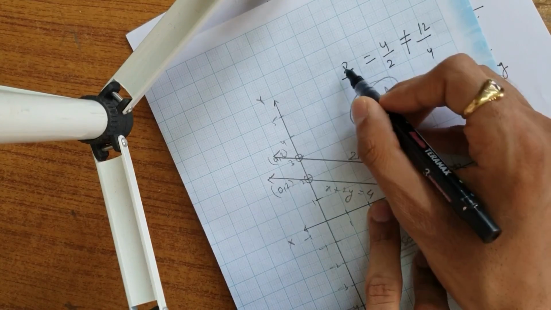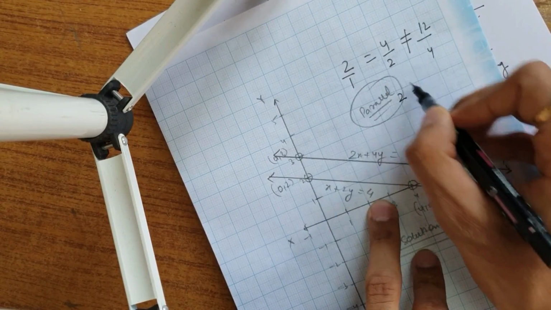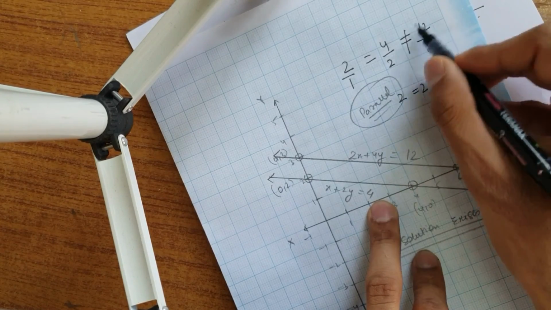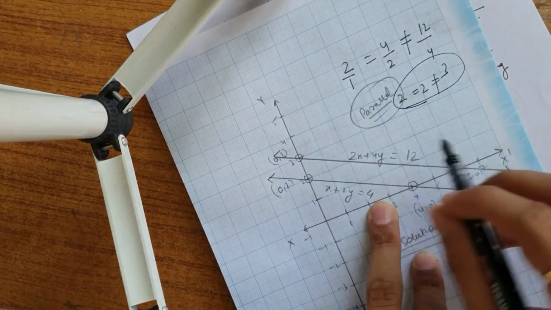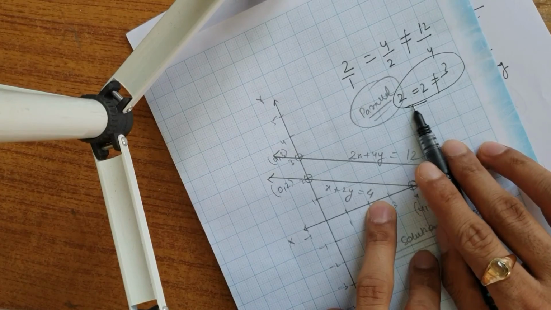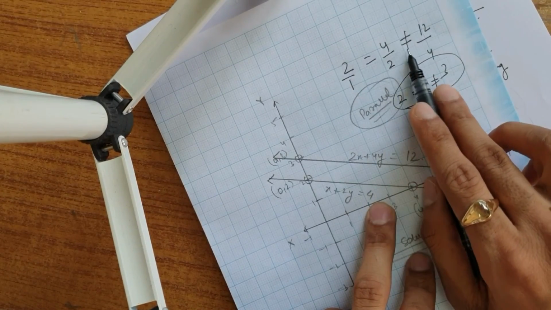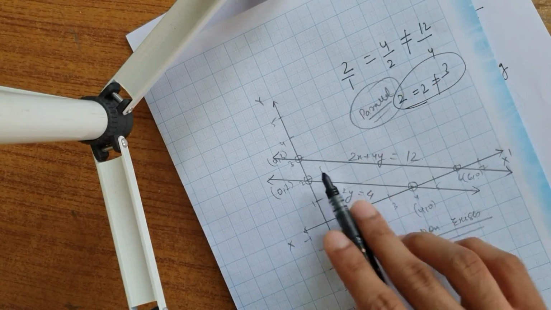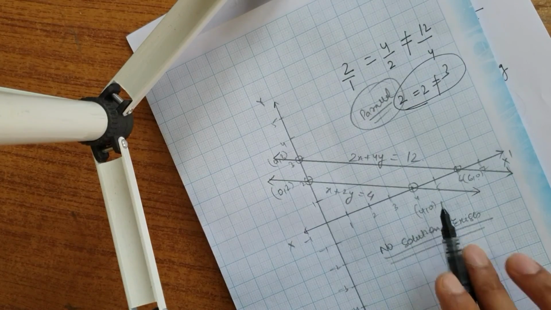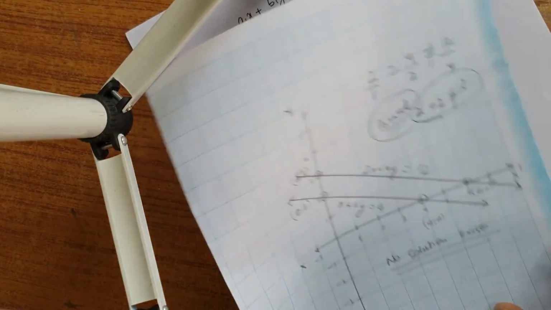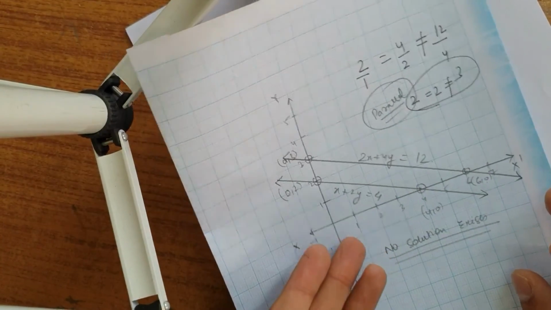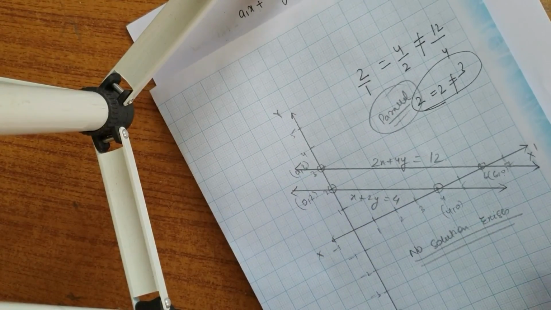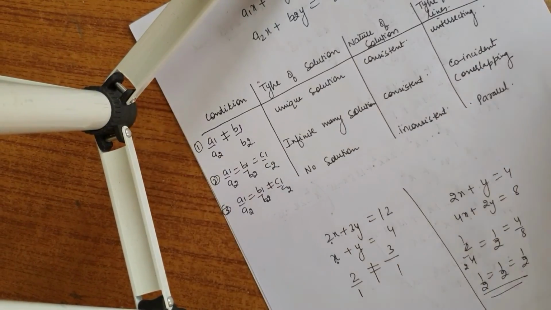So 2 upon 1 is 2, 4 upon 2 is again 2, which is not equal to 12 upon 4, that is 3. Since the condition a1 upon a2 equals b1 upon b2 is not equal to c1 upon c2 holds, the lines are parallel. Parallel means they never intersect, and therefore there is no solution.